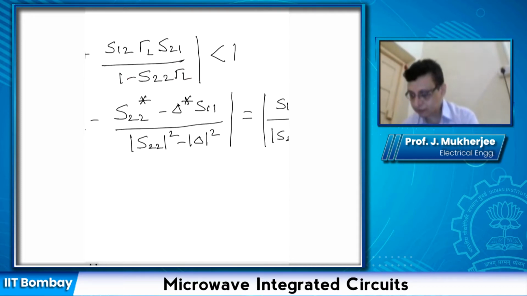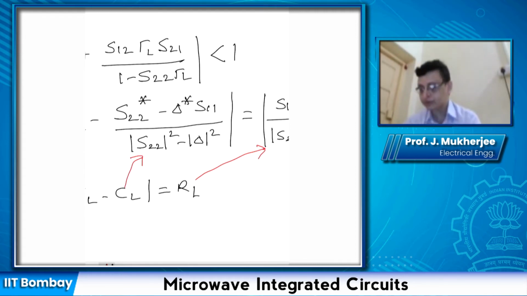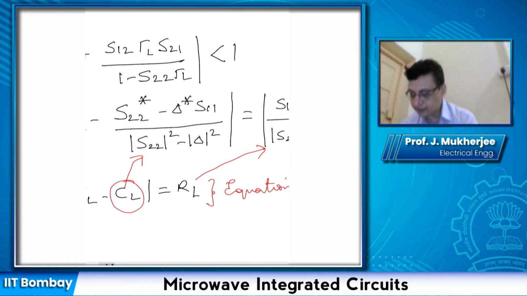Now this is of the form where RL refers to this value and CL refers to this value. Now this is nothing but the equation of a circle whose center is at CL.